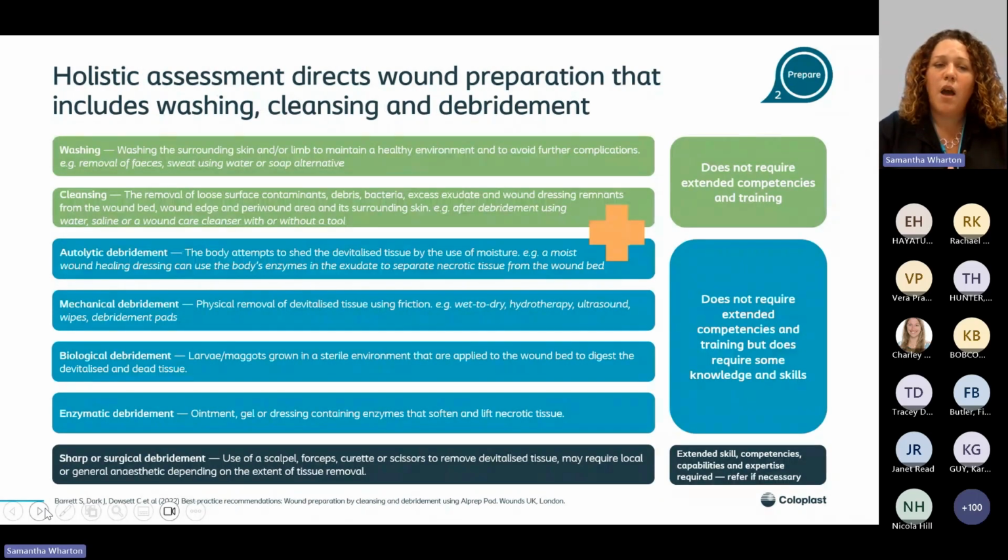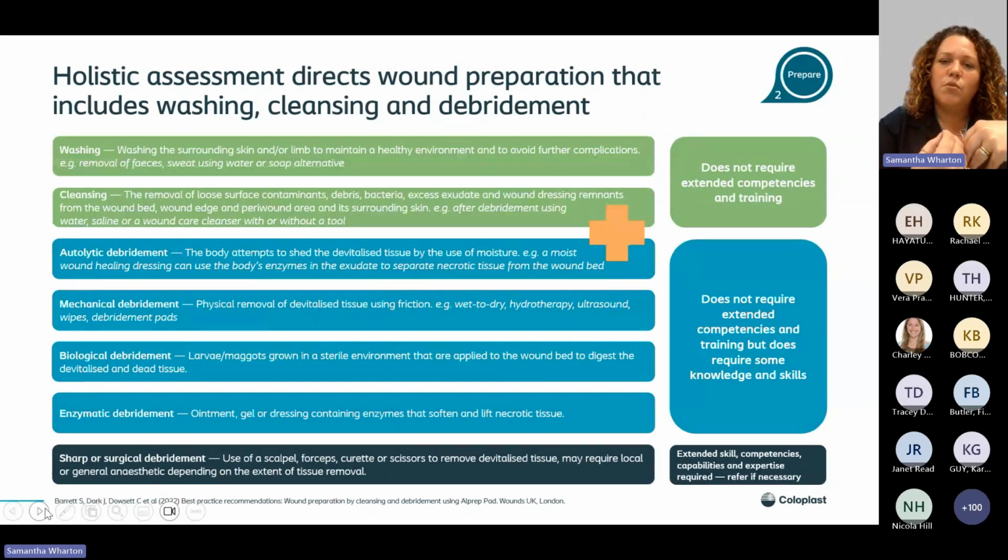So there's different ways we can debride wounds and do that wound preparation. You can do washing, just washing the limb or whichever area the wound is. Cleansing, so just removing the loose surface contaminants, which you could do with a bit of gauze.